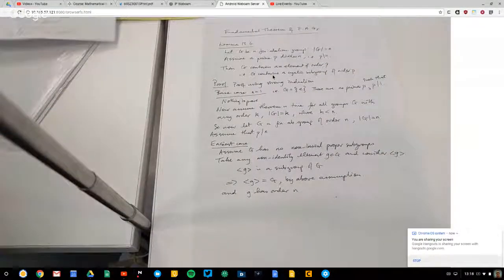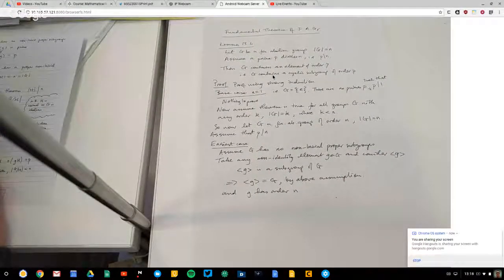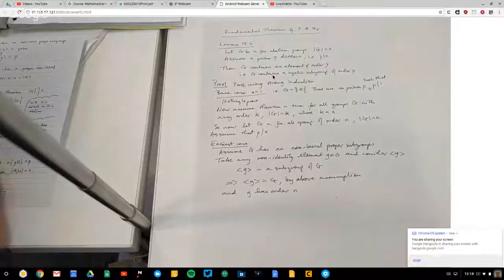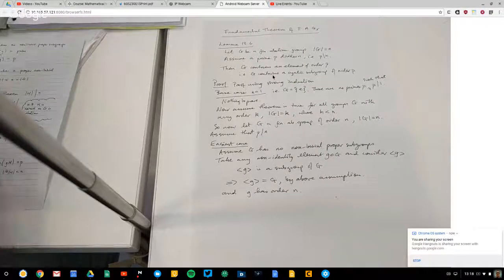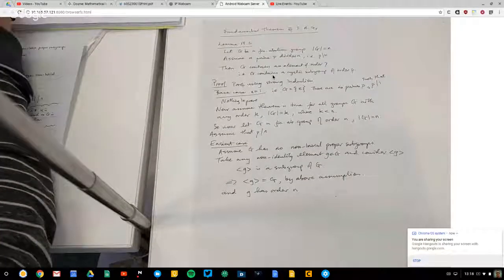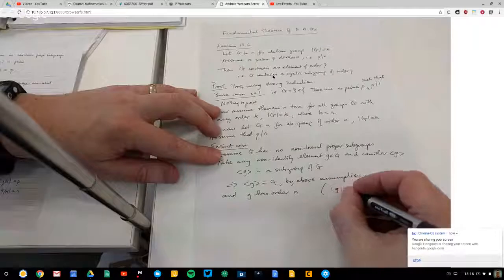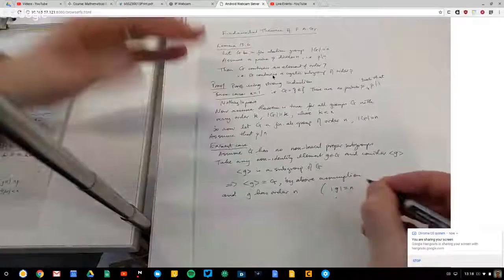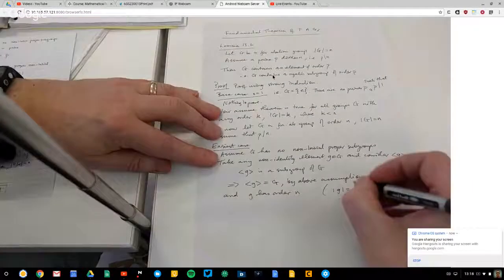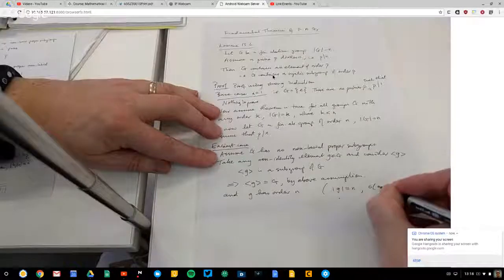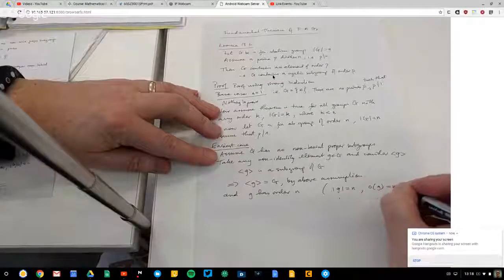Some books use modulus, some books use a function like O. You can write the modulus of the group element, which refers to its order, or you can write little o of g, O for order.